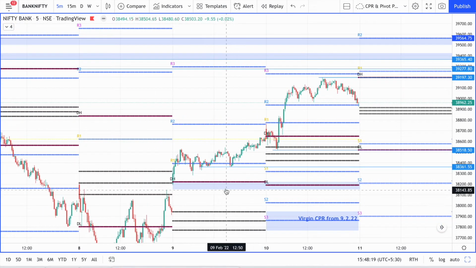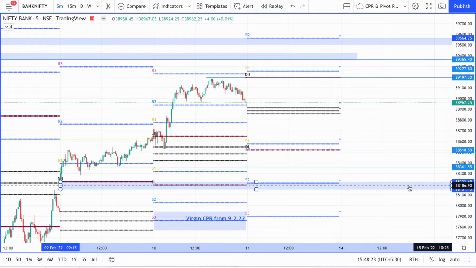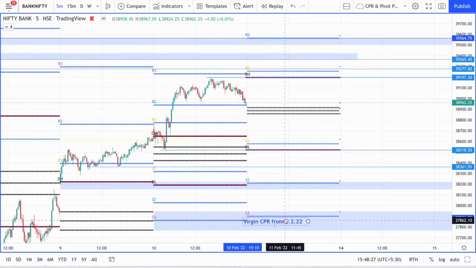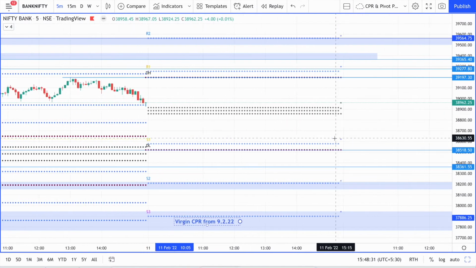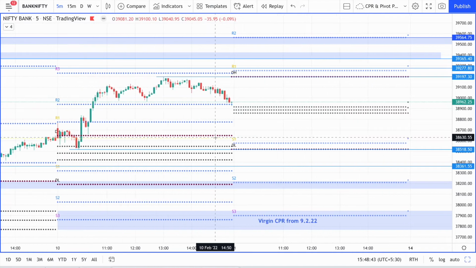See, this is the demand zone coming from the 9th of February. So just extend this. This is the virgin CPR coming from the 9th of February. Just extend that as well. We do not have a virgin CPR from today. We have already seen wicks here, but still, if you wish to, you can keep a support ready at the central pivot.